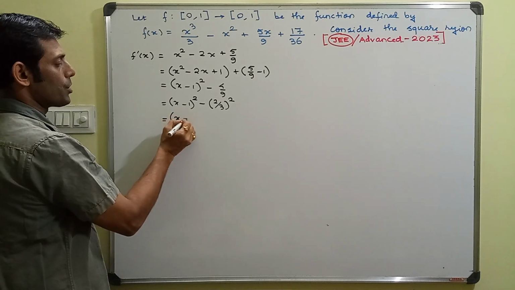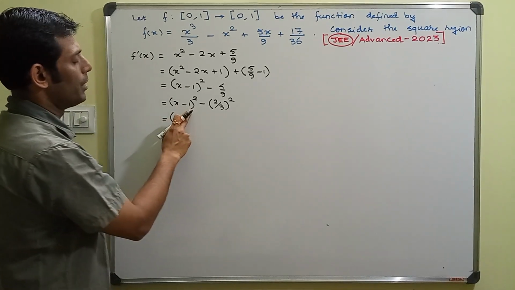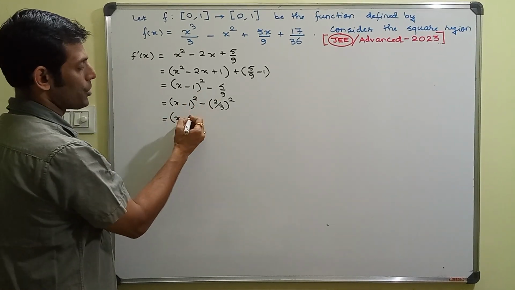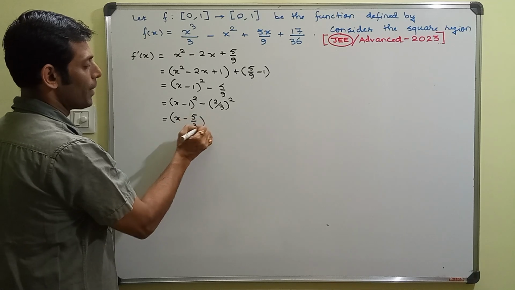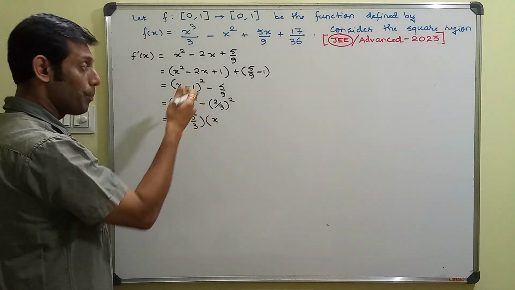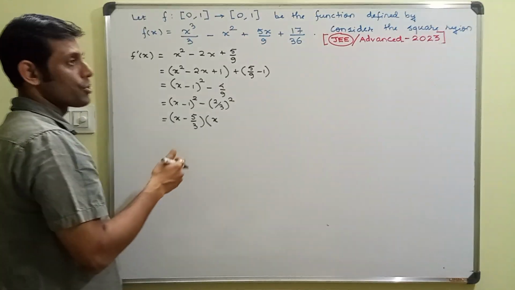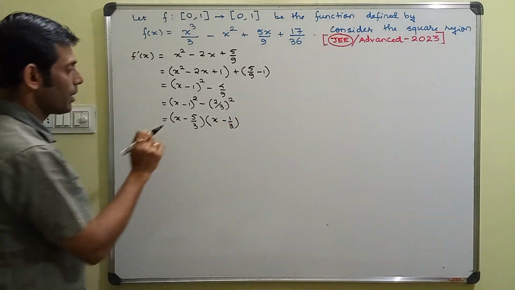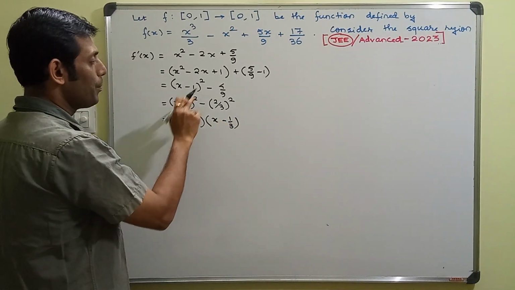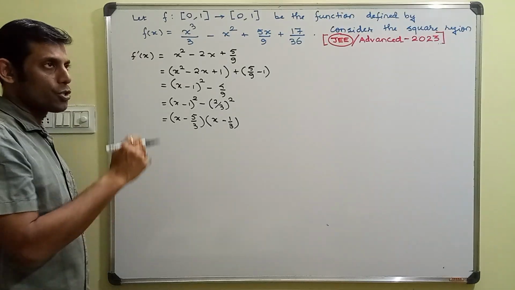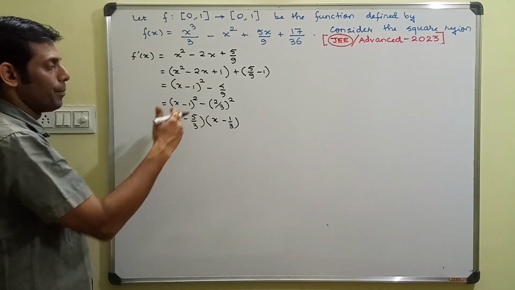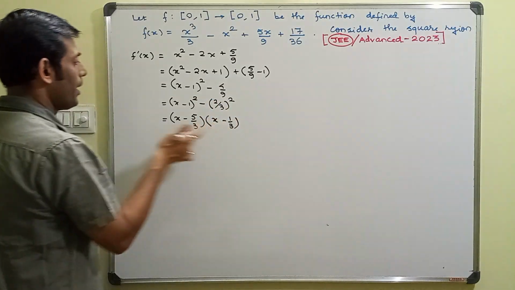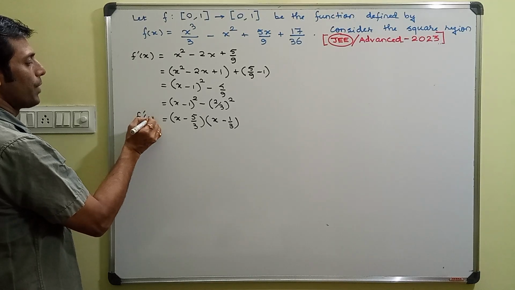This is going to produce (x minus 1 minus 2 by 3), so that is going to be x minus 5 by 3, and (x minus 1 plus 2 by 3), so it's going to be x minus 1 by 3. I hope I'm not wrong. Minus 1 plus 2 by 3, so minus 3 plus 2, minus 1 by 3. And this is your f'(x).